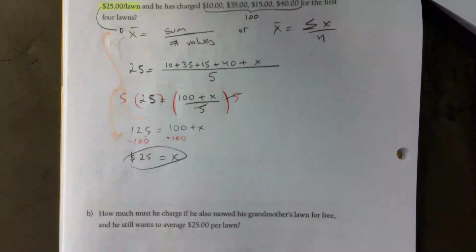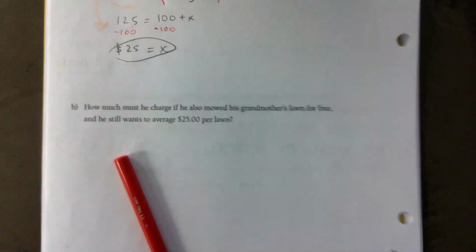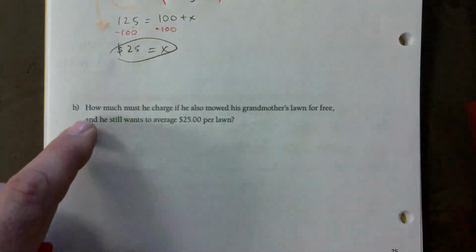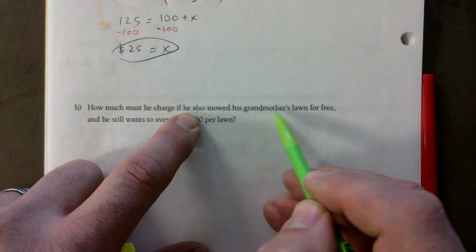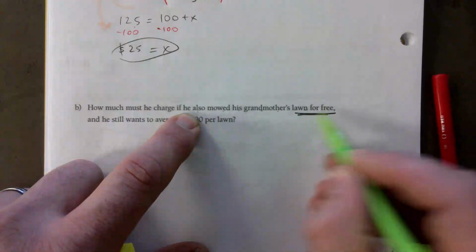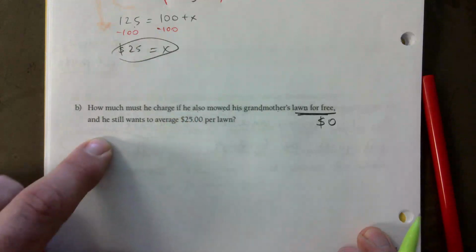Let's change this up a bit, and you'll see that on the exam as well. I throw another curveball at you. How much must he charge if he also mowed his grandmother's lawn for free? How much did he charge? $0 for that job.